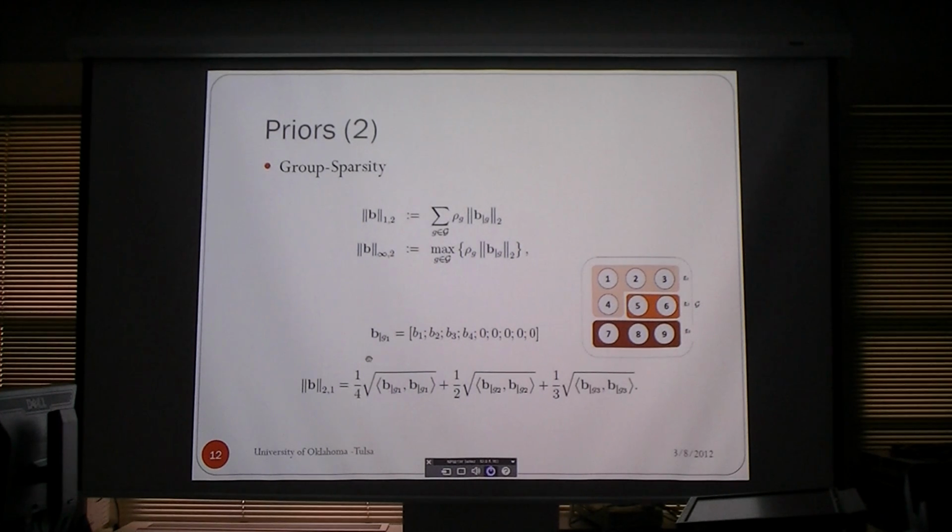And this constraint will help us use some segmentation information from segmentation techniques in our framework to find bases that have some anatomically meaningful structure.